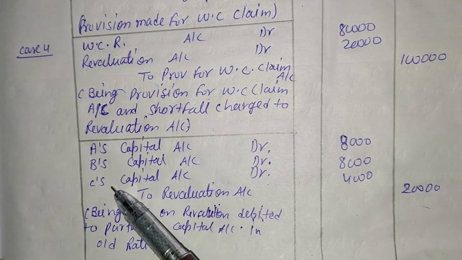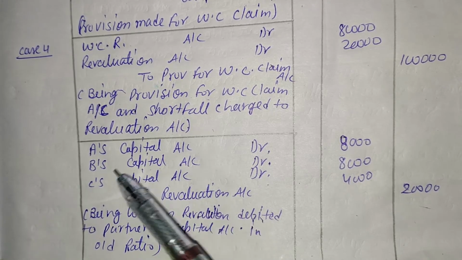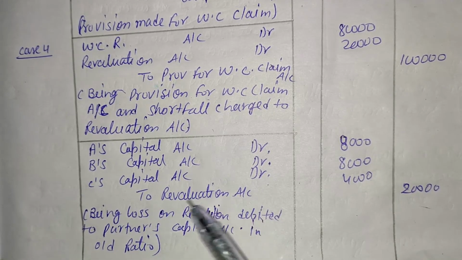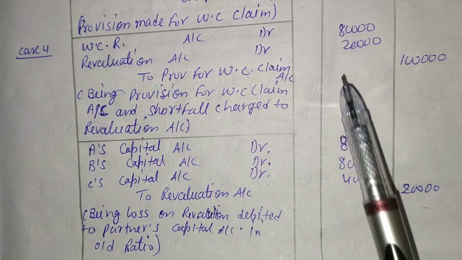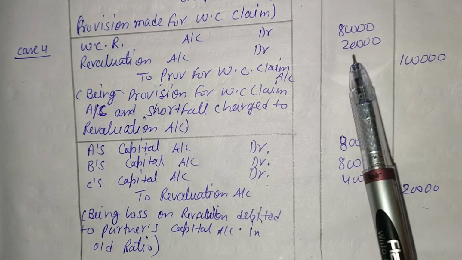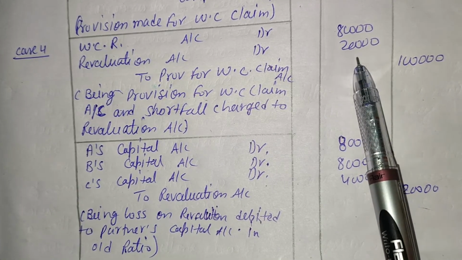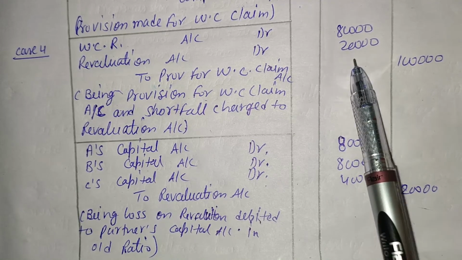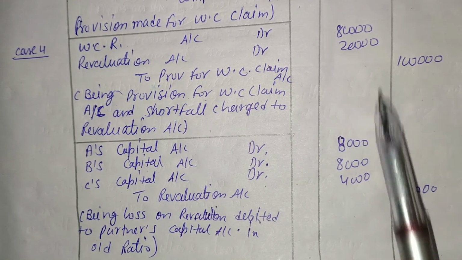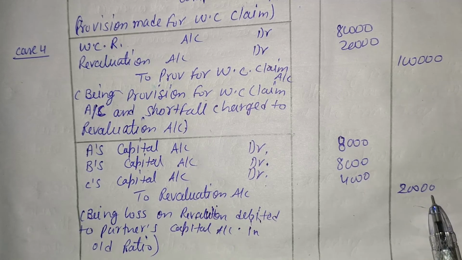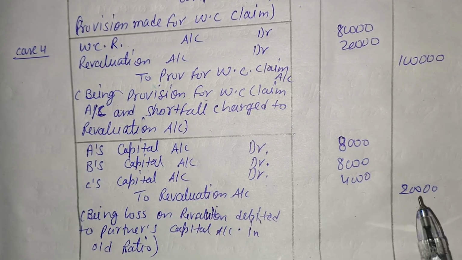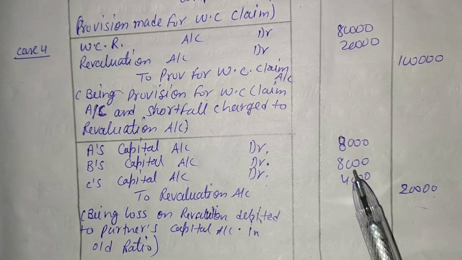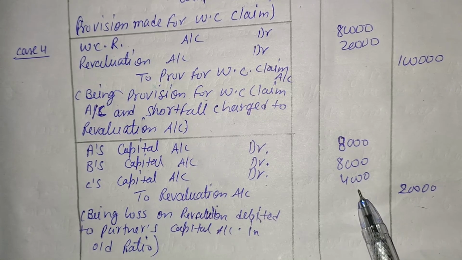A, B and C. So A's capital account debit, B's capital account debit, C's capital account debit to revaluation account by rupees 20,000. Only the difference amount is given, and we do the journal entry of the difference amount, and the difference amount is 20,000, and that 20,000 is divided in the ratio 2:1, that means 8,000, 8,000 and 4,000.